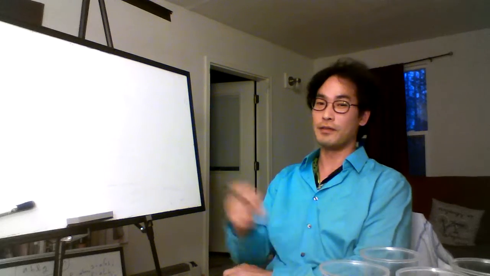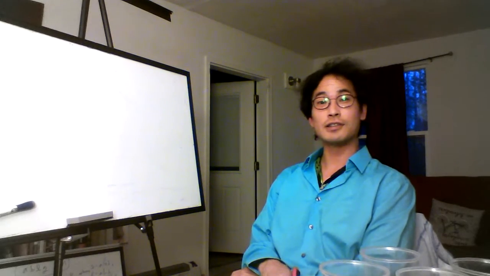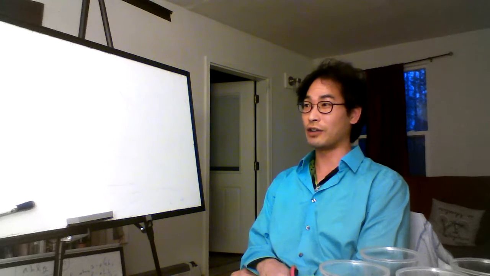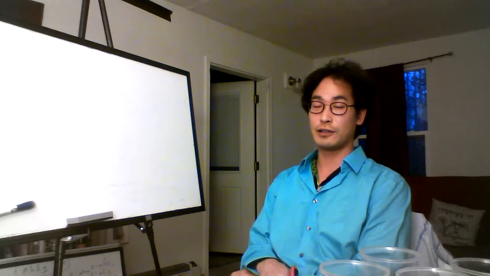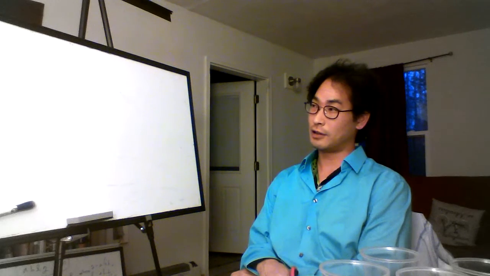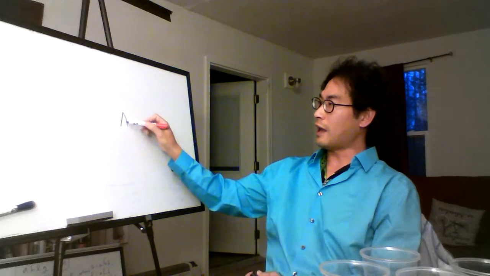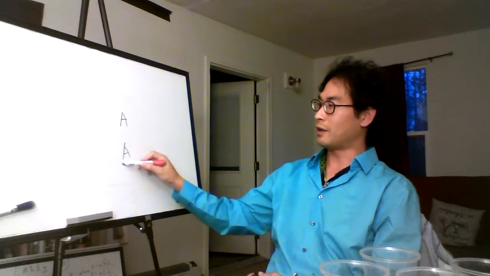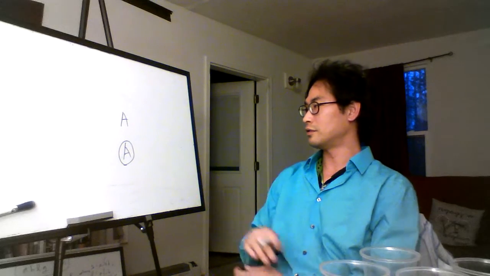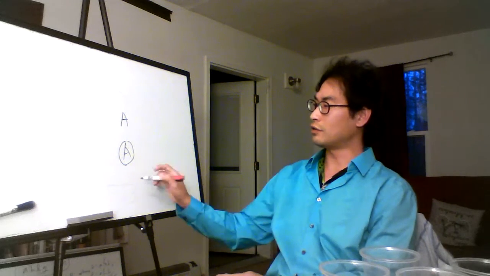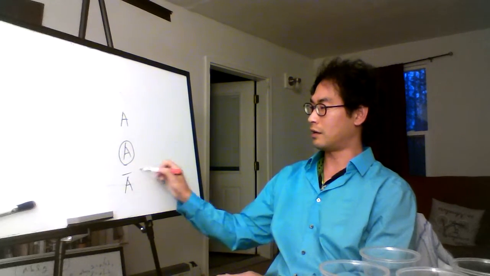Let's step back even further. What is a set? How do we define a set, this mathematical entity, object? Set A and multi-set A, with a circle. Instead of a circle, we may just use a bar, A bar.